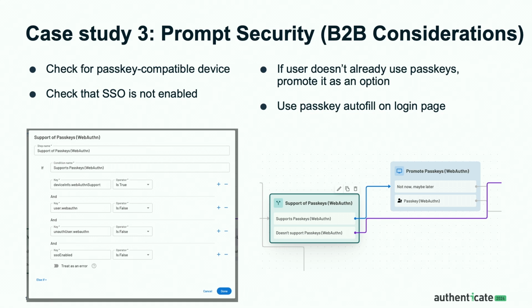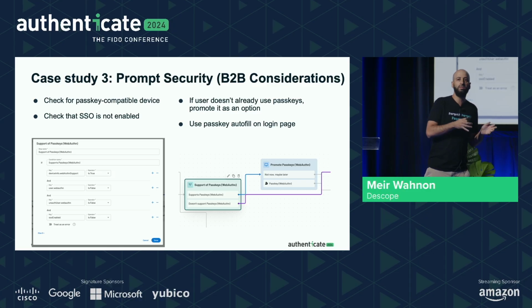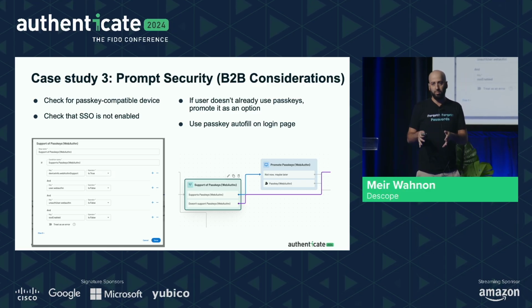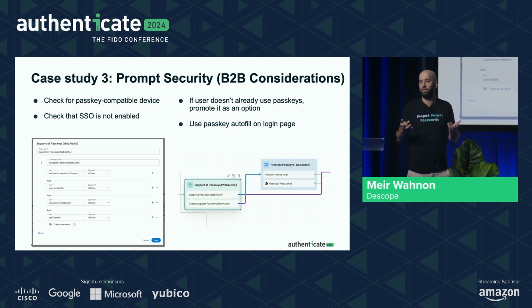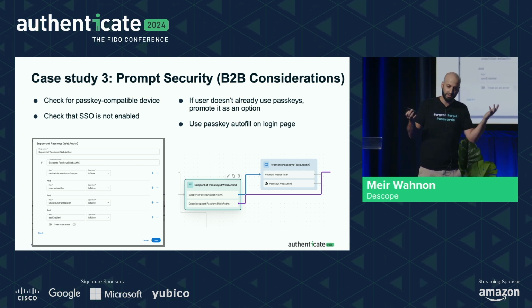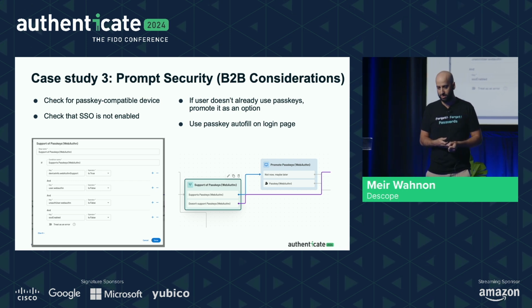So you'll see there is a condition that, it's a bit blurred, but I can highlight it, that checks if the user doesn't have a supported device for WebAuthn, don't show the promotion of passkeys, and also if the user already enabled SSO login for their company, then skip the promotion of passkeys. There's no need for that. So this is something that can happen a lot in the B2B use cases that we see.